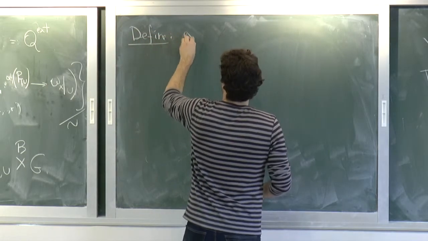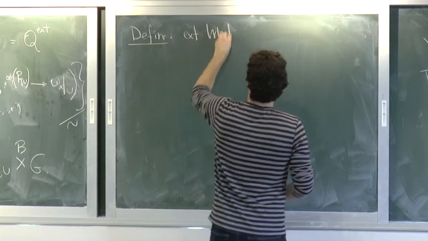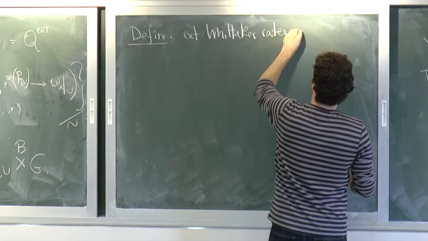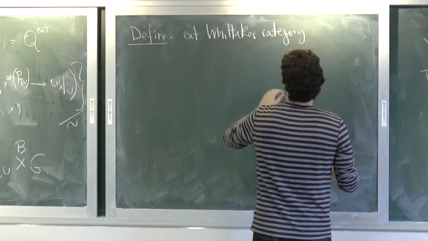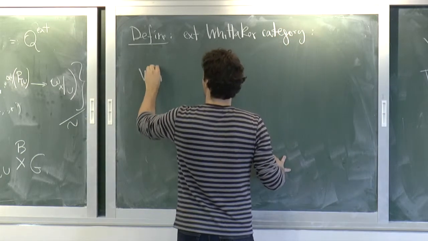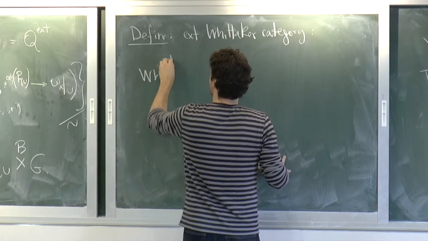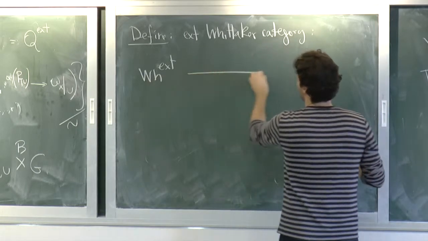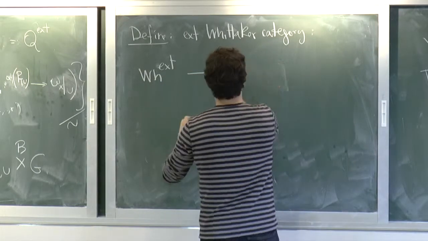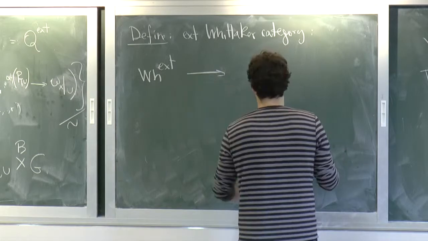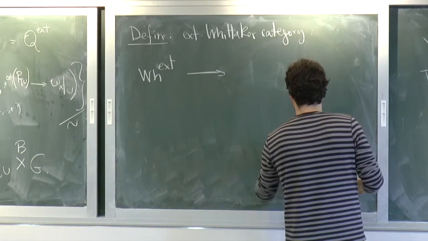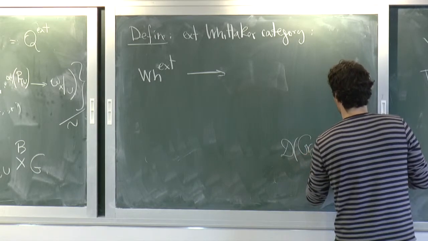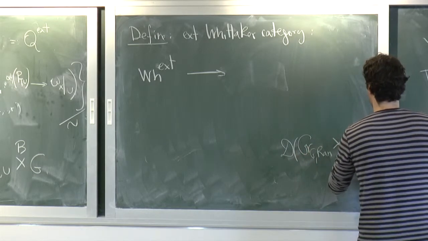the extended Whittaker category with the same notation. I define it as a fiber product of categories. I start with my D-modules on the Grassmannian Gr_G^Run times characters Run.